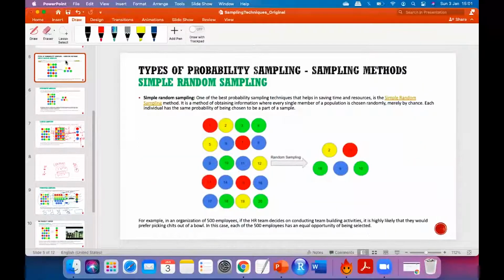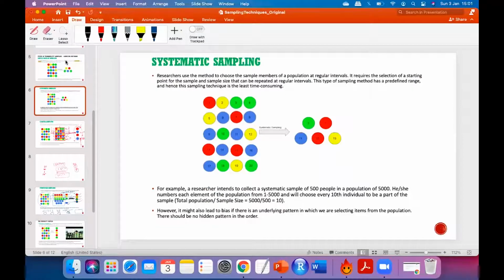The first one was simple random sampling, which we have all done at some point in our life, randomly selecting elements from the population. After that we saw systematic sampling, as the name suggests, systematically picking the nth element from the population, where n was decided by the sample size and the total number of observations in the population.